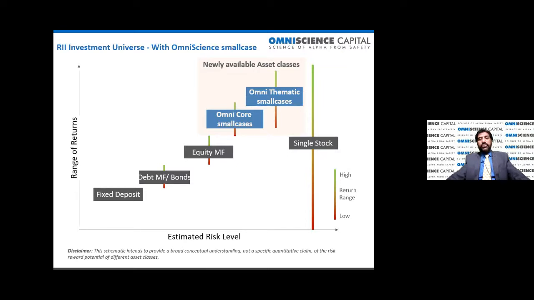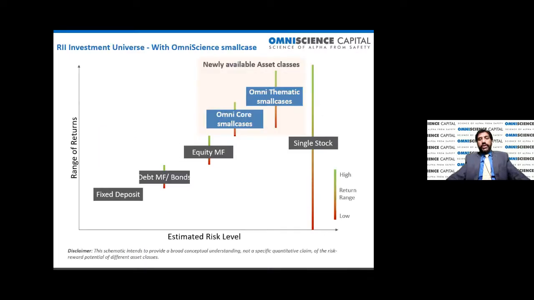So when you add new asset classes, naturally the overall portfolio risk will be reduced, even if you add a riskier asset class, as all of you know, and further return is added. So the risk adjusted return of these portfolios goes up.